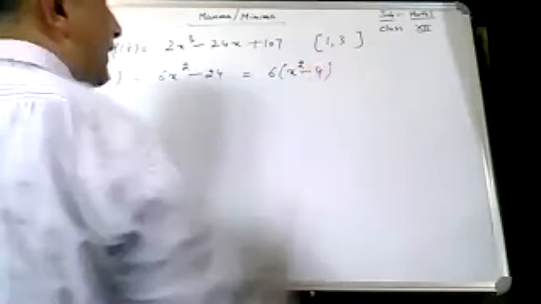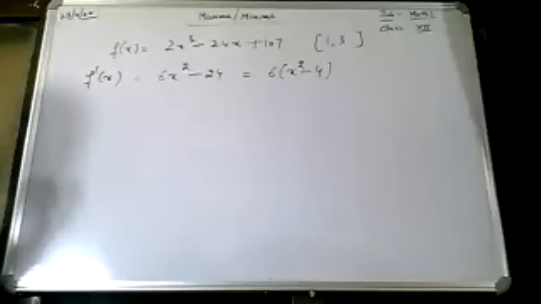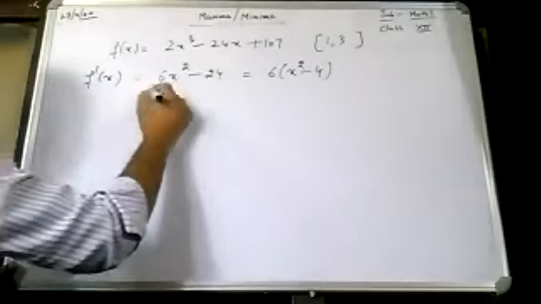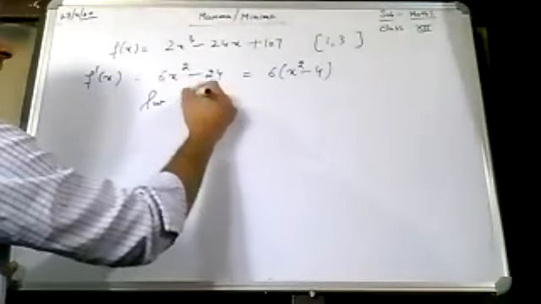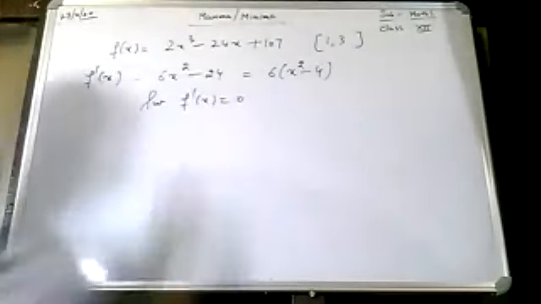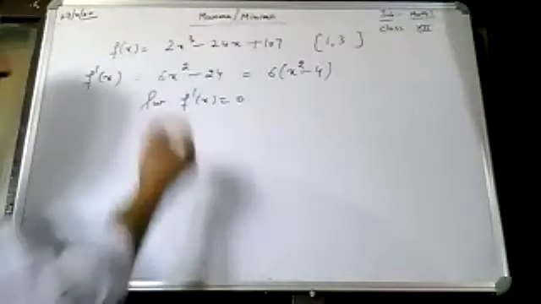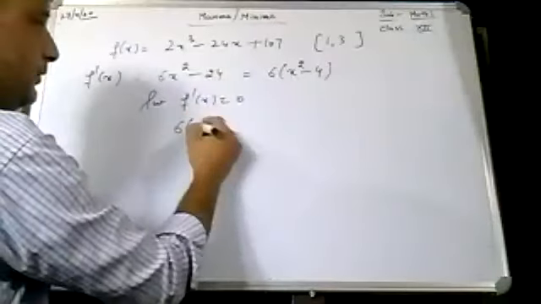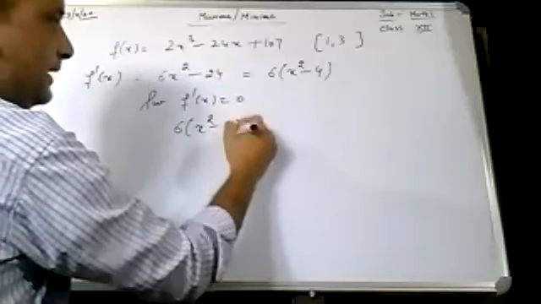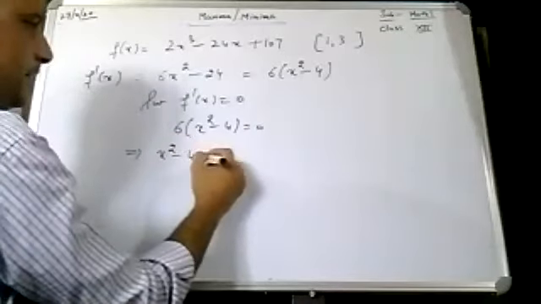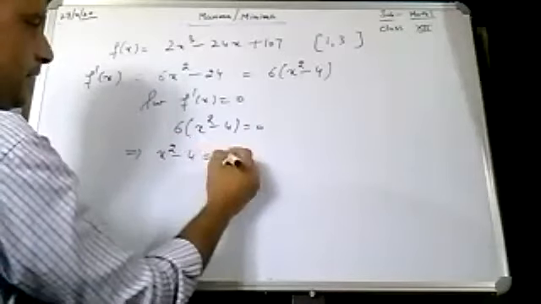Next step is for maxima or minima, put f dash x is equal to 0. So this is 6 into x square minus 4 is equal to 0. This implies x square minus 4 is equal to 0. This implies x square is equal to 4.